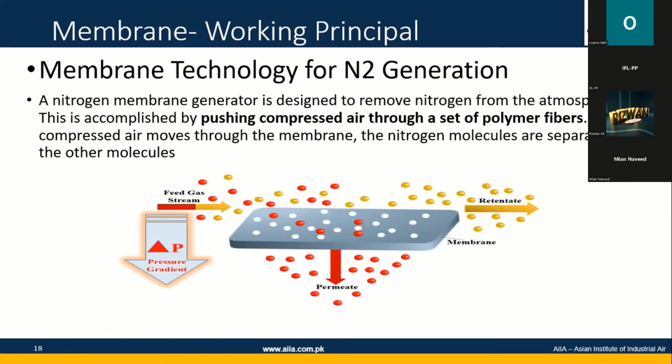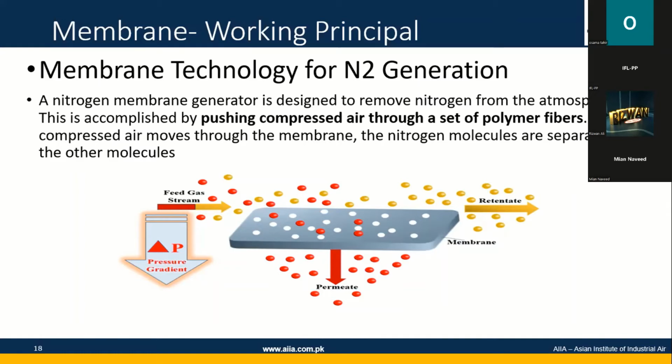Again, the principle is that the polymer fibers allow some molecules to pass and do not allow most of the molecules to pass through. So the oxygen molecules are trapped, and it allows the nitrogen molecules to pass, right?